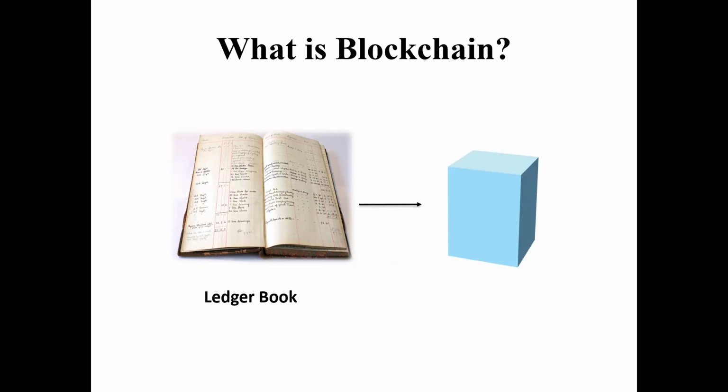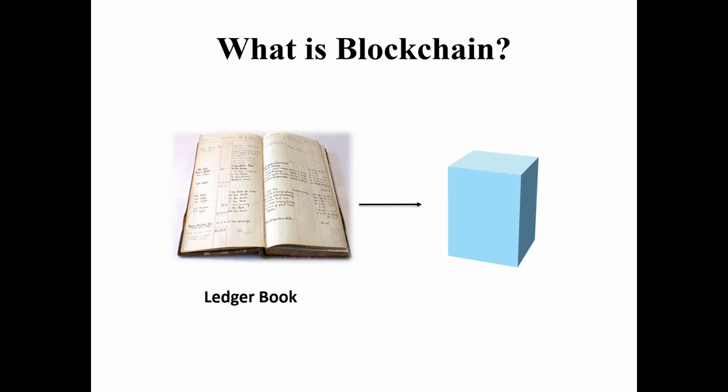Once you add any entry in that block, that entry is immutable. What is immutable? Immutable means once you add any entry, that entry cannot be tampered with, cannot be hacked, or cannot be changed by any means, any source. So blockchain is such a technology, or such a tool, that cannot be easily hacked.